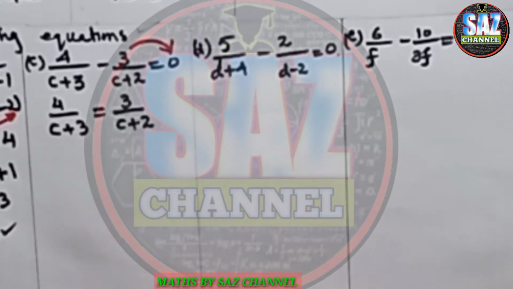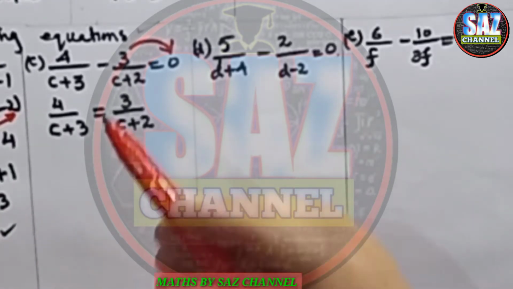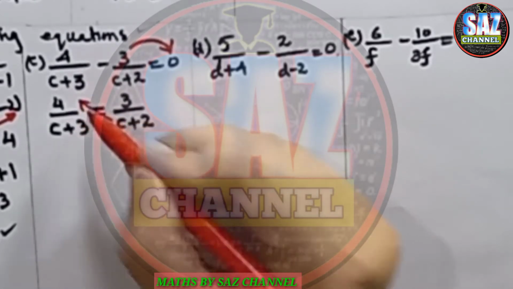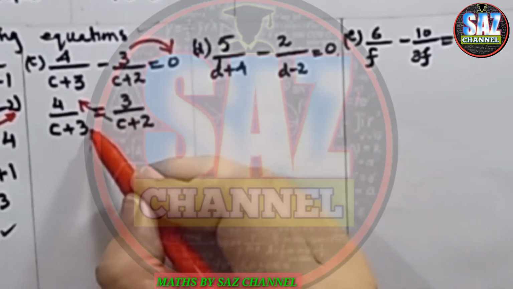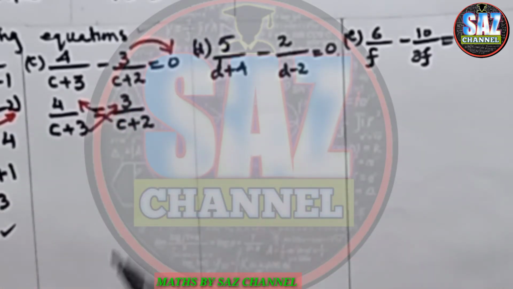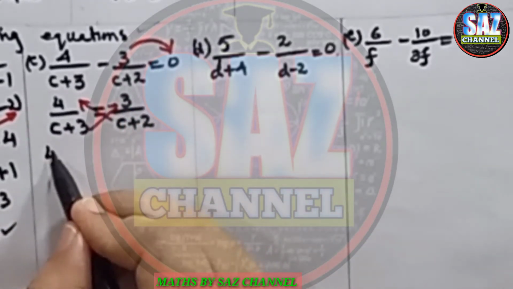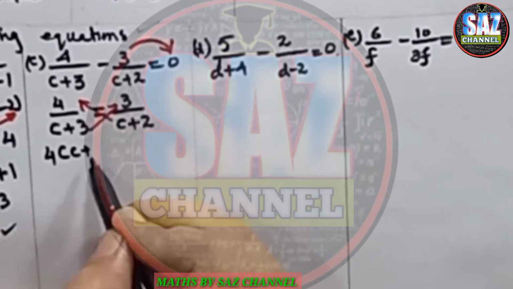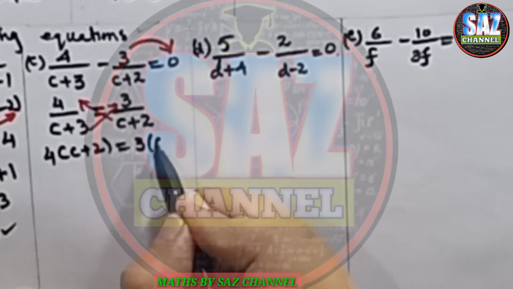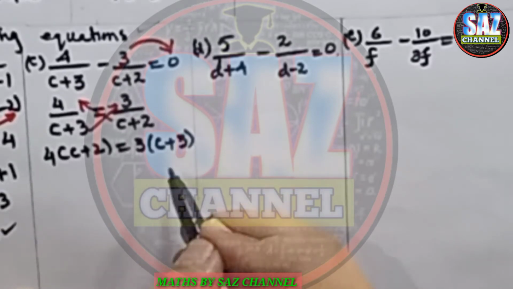Now again we have a single fraction on both sides. For the solution of this equation, it's better to go with cross multiplication, so 4 will be multiplied by c plus 2 and c plus 3 by 3. So the equation will take the form 4 into c plus 2 equals 3 into c plus 3.